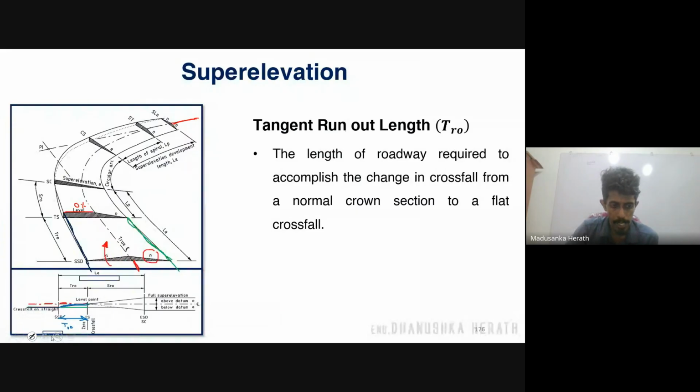Right, then next step, we will rotate this pavement also, and take it here, then this will be a straight line.